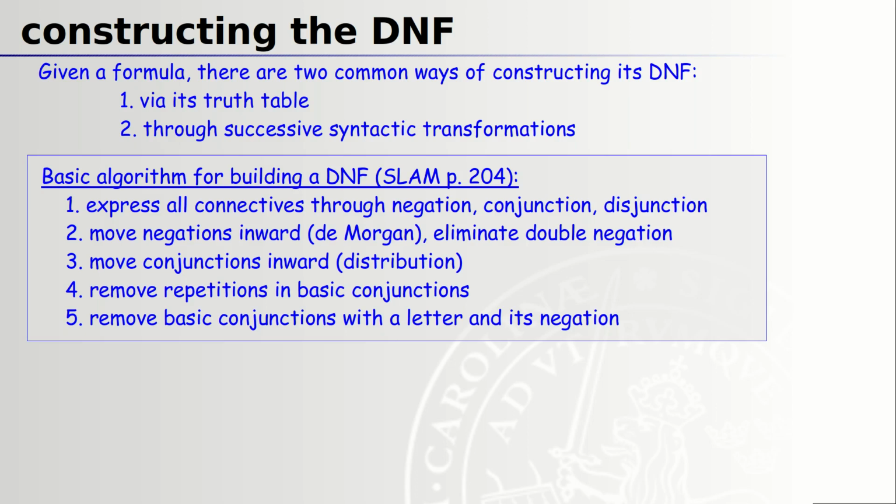This way we arrive at an almost DNF, a disjunction of conjunctions, except that the conjunctions may not be basic. Some contain repetitions of the same letter. If the repetitions are all either positive or all negated, we just drop all but one of them. Otherwise, if a conjunction contains a letter in both its positive and negated form, we remove the entire conjunction.